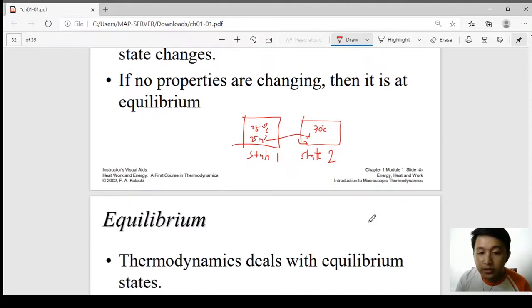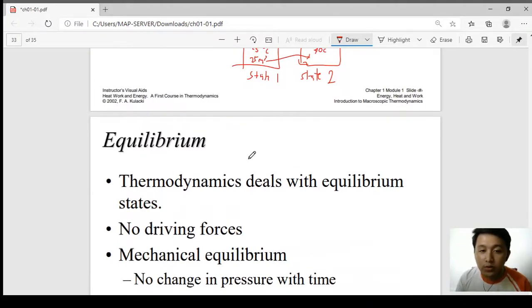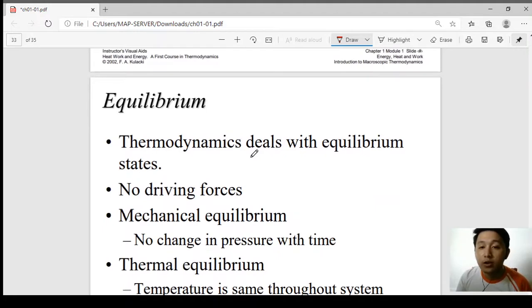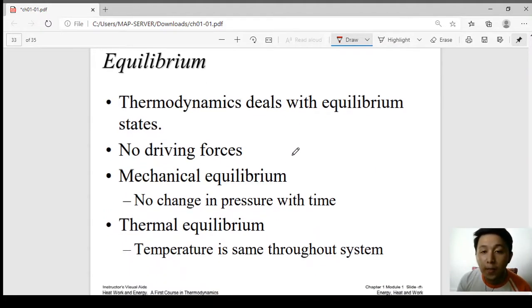Next, we have equilibrium. Equilibrium is the balance of a system. Anyways, we're almost done, guys. Thermodynamics deals with equilibrium states. So we have the thermodynamic equilibrium.